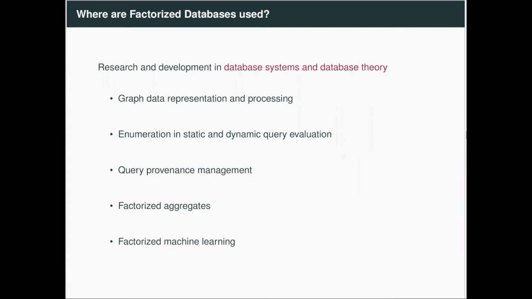So we were able to identify the following broad topics where factorized databases have been used. One in graph data representation and processing, then in enumeration, in static and dynamic query evaluation, for query provenance management, for factorized aggregates, and for factorized machine learning. In the following, I will highlight a few of these works per topic.